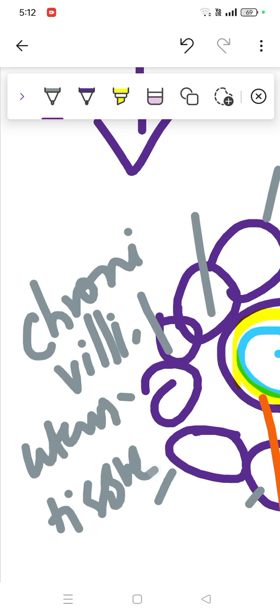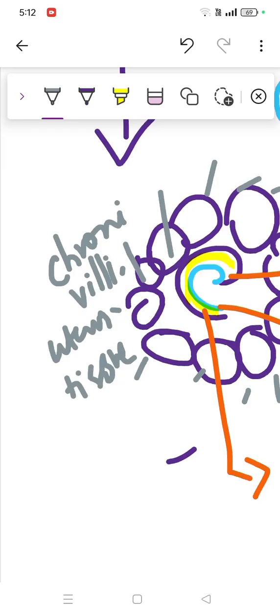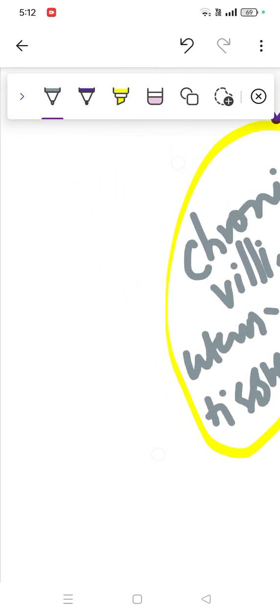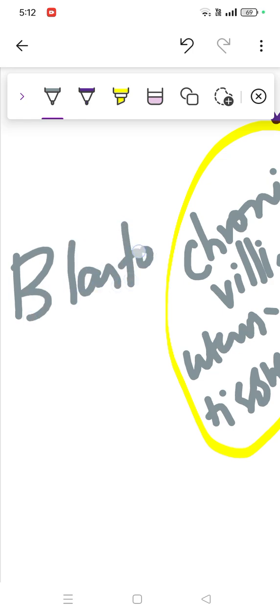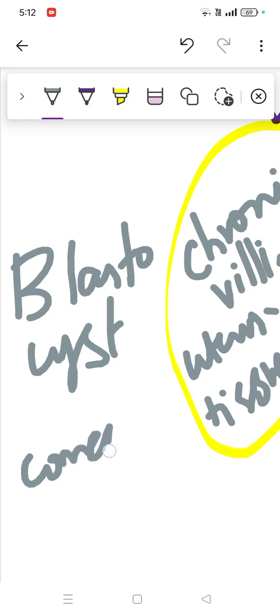So when they combine with the uterus tissue, this means they have a connection between them, they are able to connect with the uterus wall, and that's called blastocyst attachment. So I'm sure it will be clear.